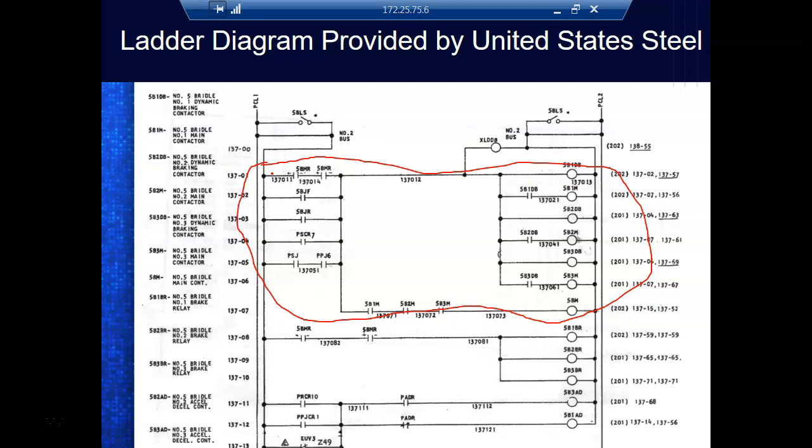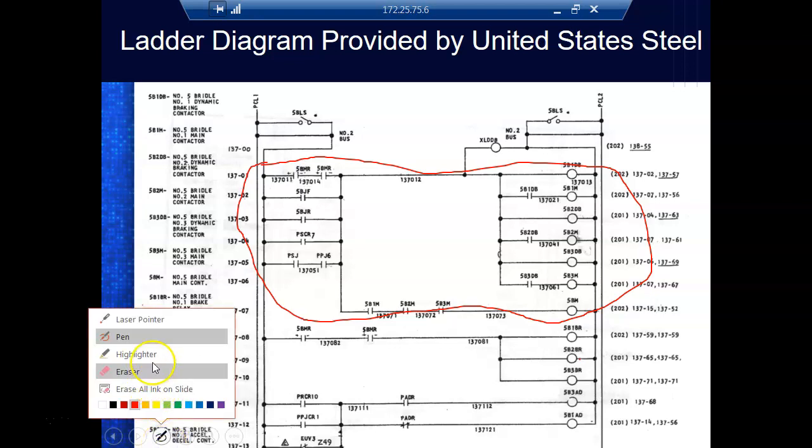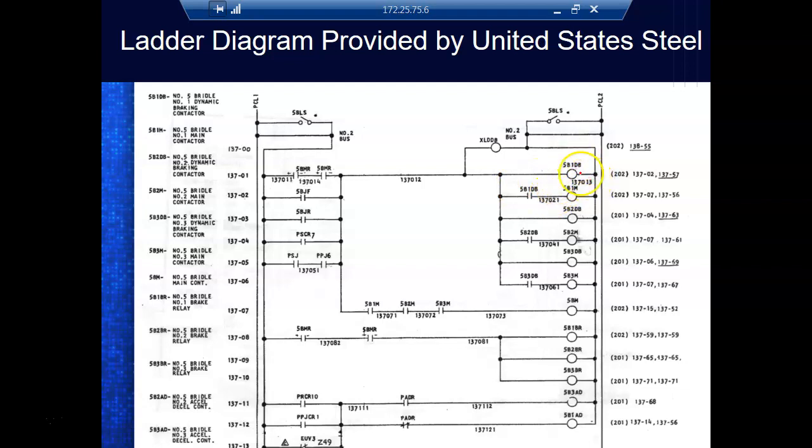Now, what we're doing though is just like we showed y'all: every relay is assigned a name. Here they didn't have room inside the coil, so the name of this relay is 5B1EB, which makes a lot of sense if you knew what it runs. And of course, this is 5B1E.